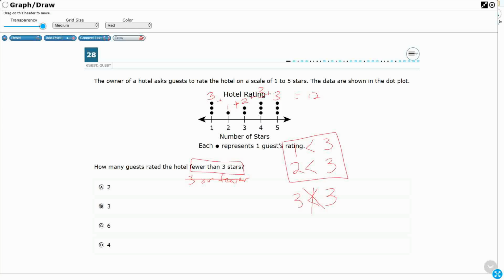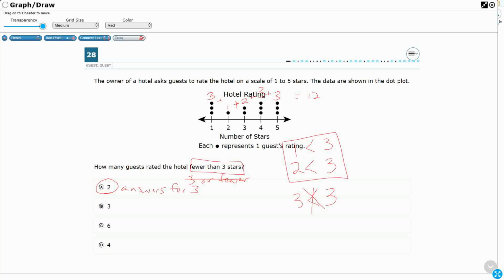Now, let's take a look at our answer choices and see where not only the correct answer is, but where the incorrect answers are. Okay, so where would this 2 come from? Maybe we look at just the number 3, so the answer for 3 itself, just 3.